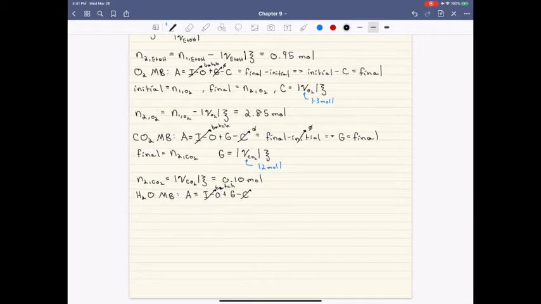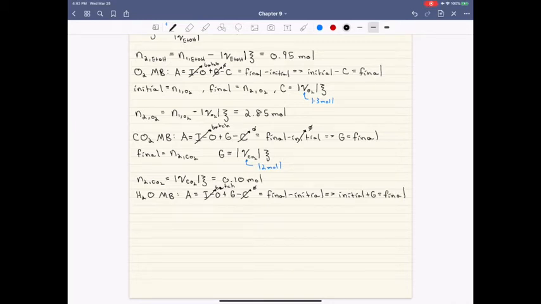It does not consume, so this is 0. We know this is equal to the final minus the initial. We do have water at the end, and we also have water at the beginning: 5 moles are fed in. If we rearrange this equation, the initial plus the generation term gives us our final.